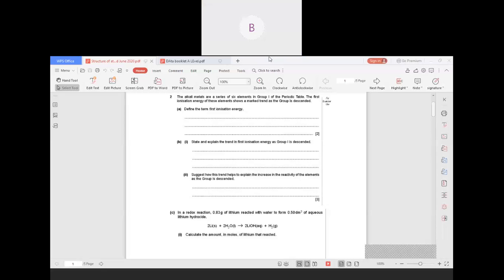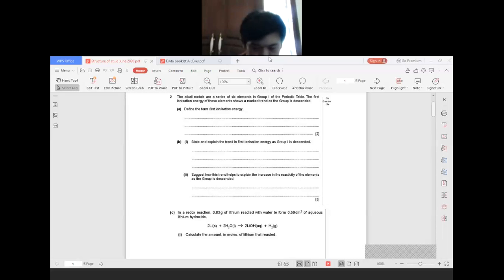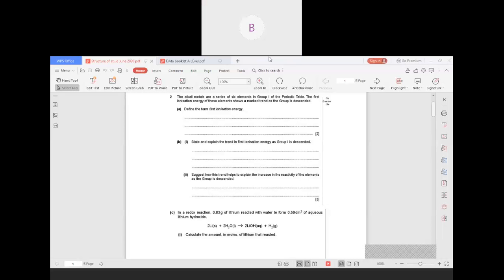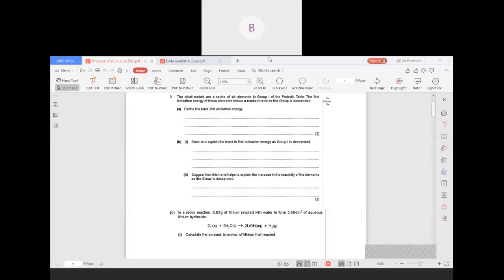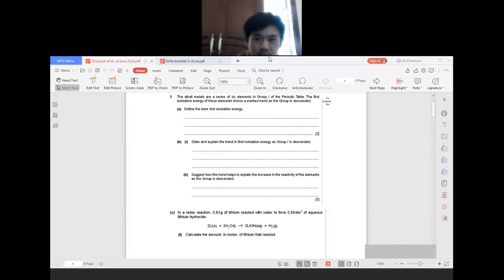So down the group. The first ionization energy decreases or increases down the group? No, it is decreasing. First ionization energy, group 1, down the group, decreases.